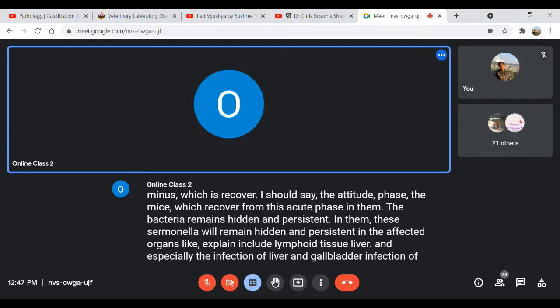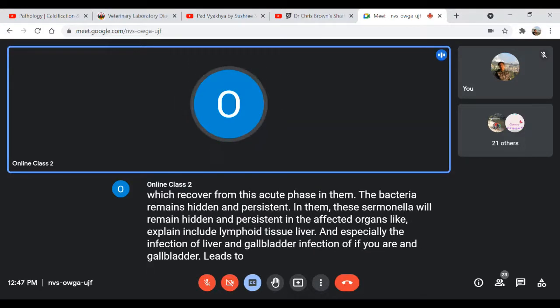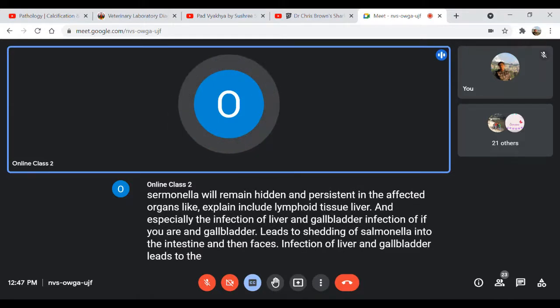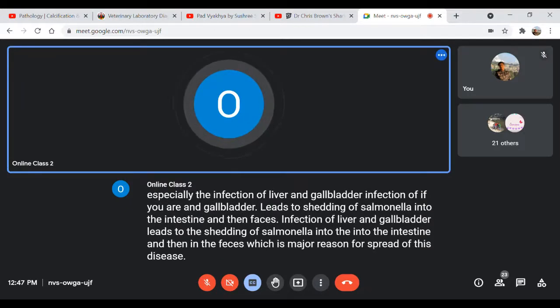Infection of the liver and gallbladder leads to shedding of Salmonella into the intestine and then in the feces, which is the major reason for spread of this disease.